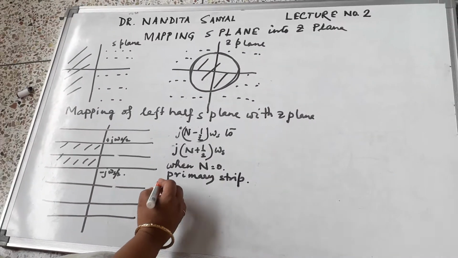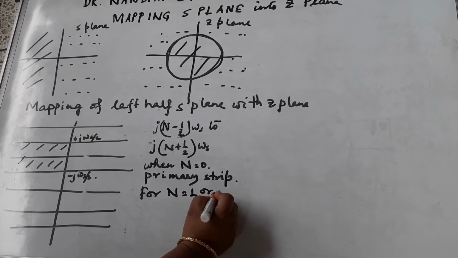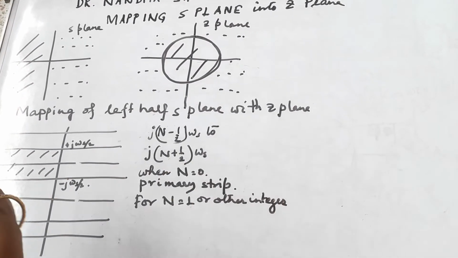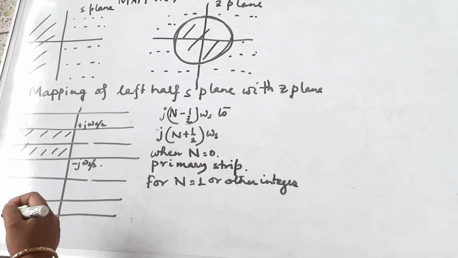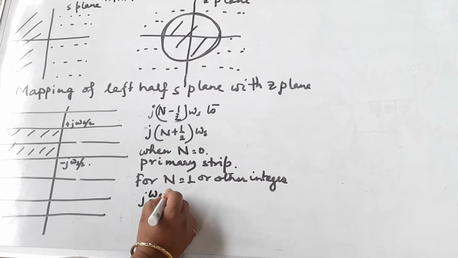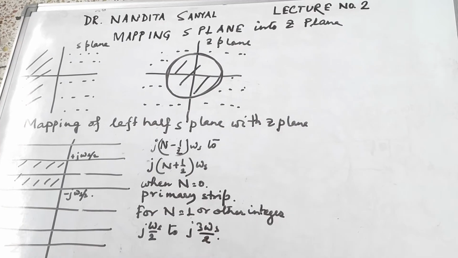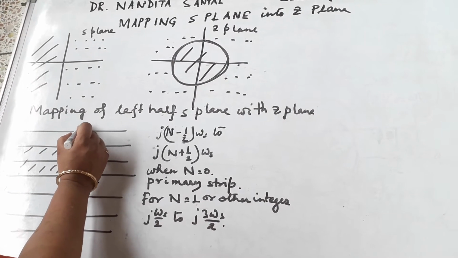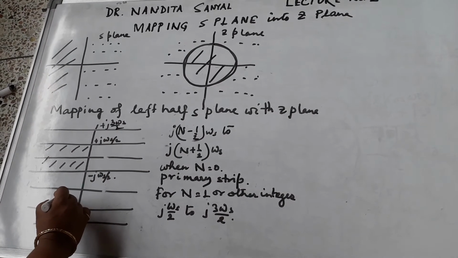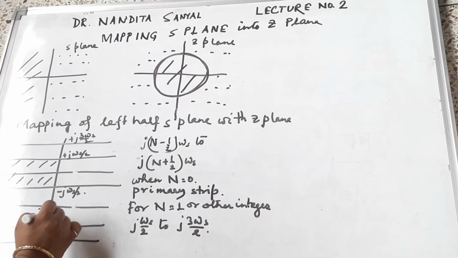Then for n equal to 1, let me consider another strip, that is from j omega s by 2 to j 3 omega s by 2. So this is another strip, and it is known as complementary strip.